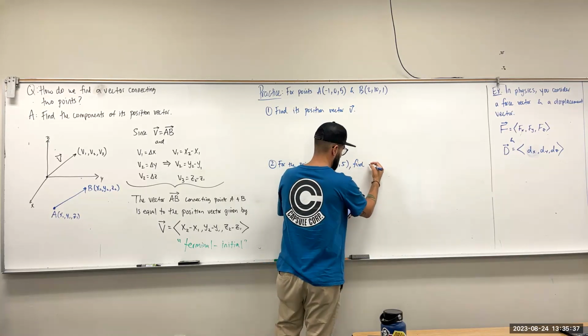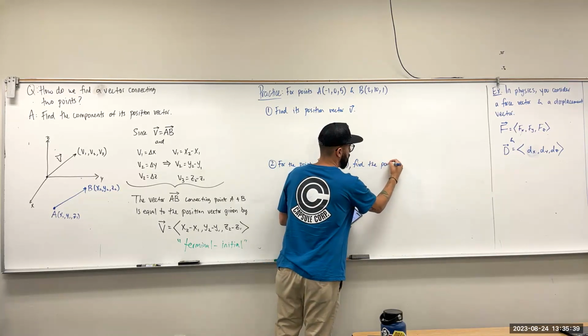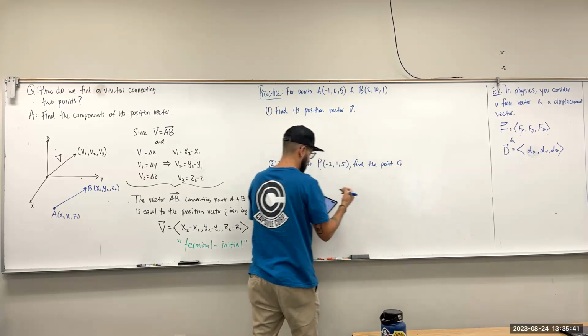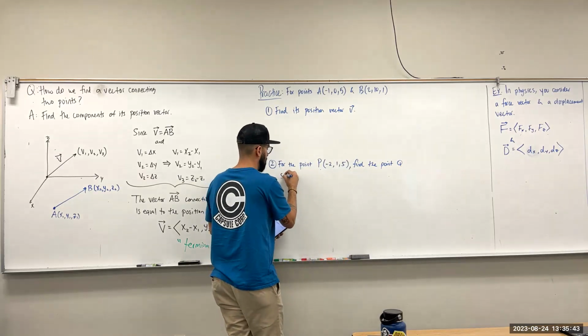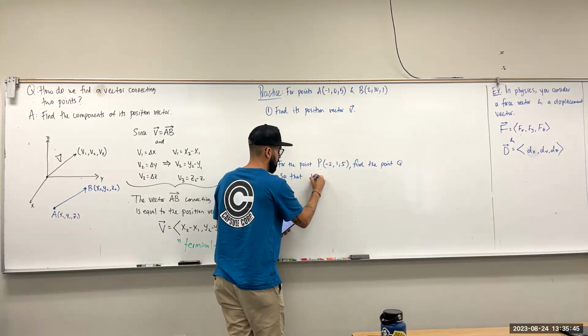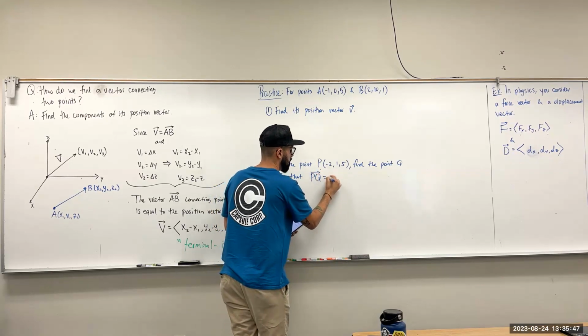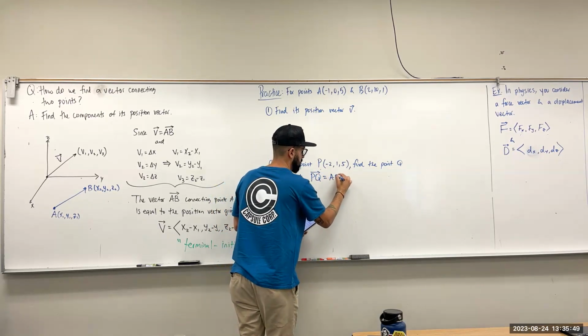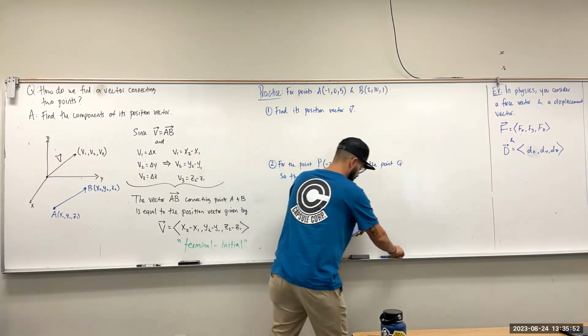Find the coordinates of the point Q, so that PQ equals AB.